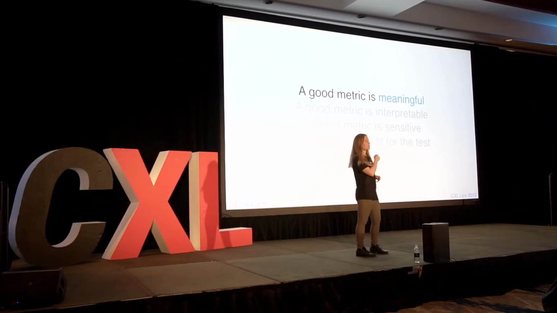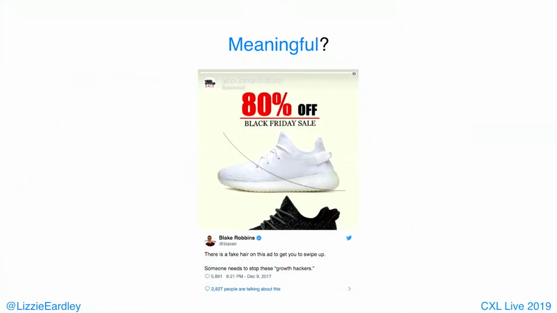Firstly, a good metric is meaningful. By meaningful, I mean the metric is really capturing what you are intending to change, and it's capturing something that's bringing actual real business value. Here's an example of a not very meaningful metric, and it's a story some of you might have heard already. It's about a Chinese shoe company who released an Instagram advert with a fake hair over their image. Their idea was that people would try and swipe away this hair on their phone, and they would accidentally click the image.